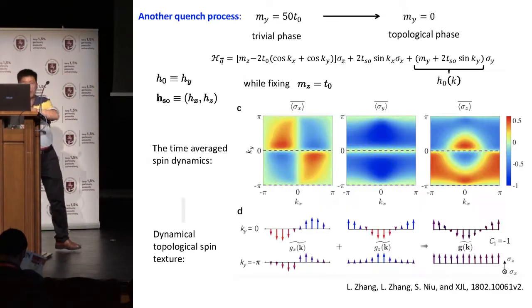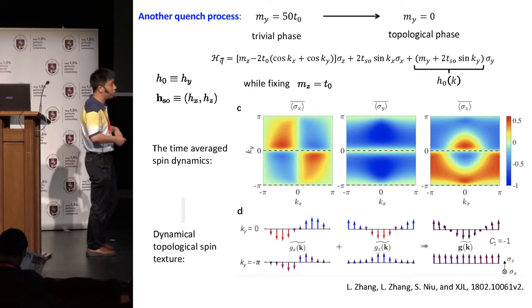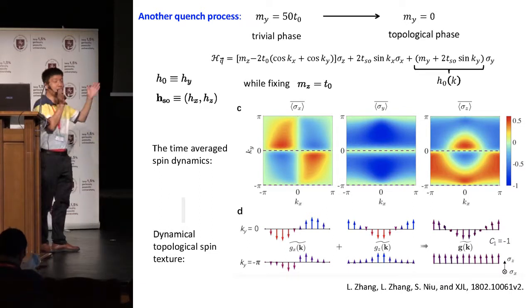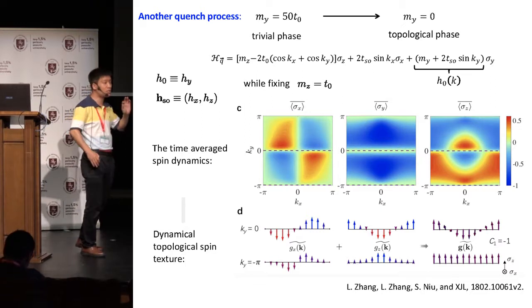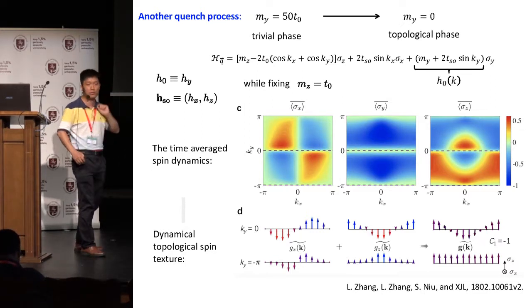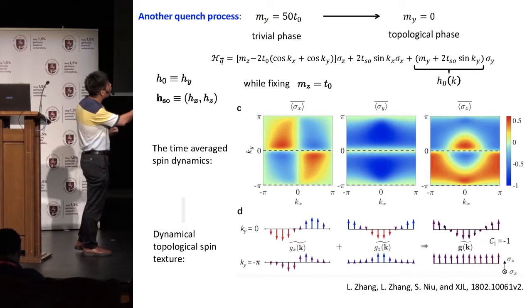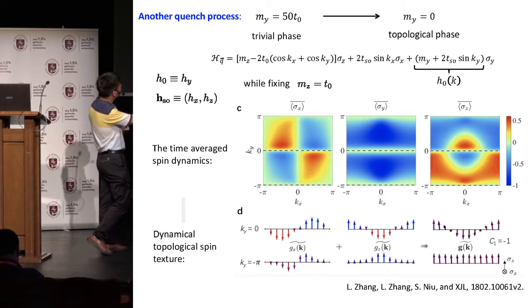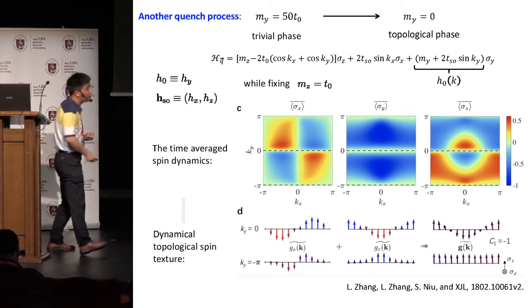Okay, so for this quench you can choose any axis to do the quench. It does not mean that you should always choose H_z to quench. You can choose H_y as the H0, and then you start with a trivial phase and go to the topological phase.